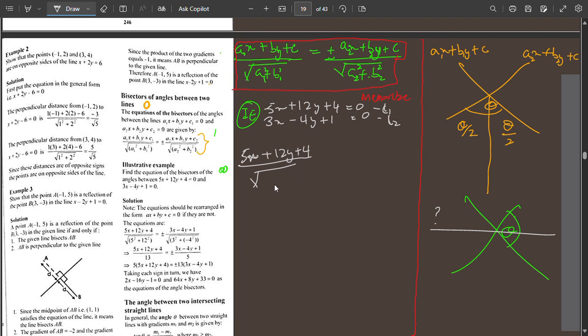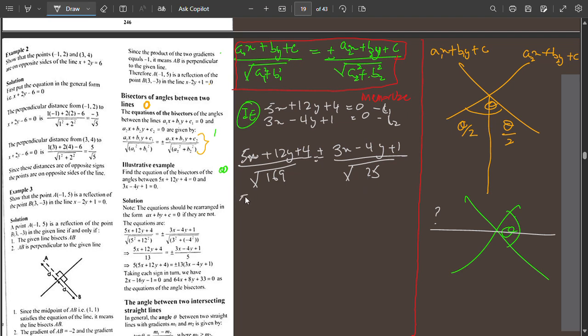So 5 squared plus 12 squared, that will be 169. Then this is equal to plus or minus the next one, 3x minus 4y plus 1 over the square root of 3 squared plus 4 squared, that's 9 plus 16, that's 25. If you solve it with a calculator, you get the same answer.